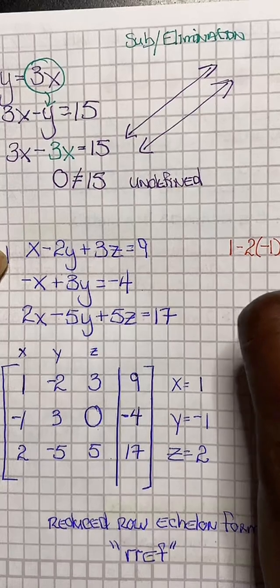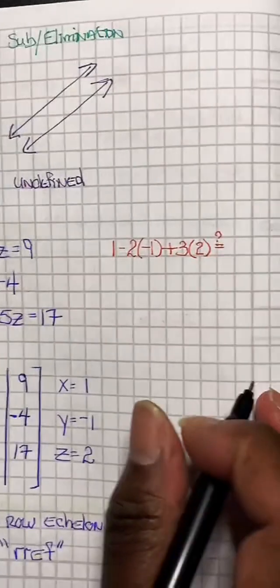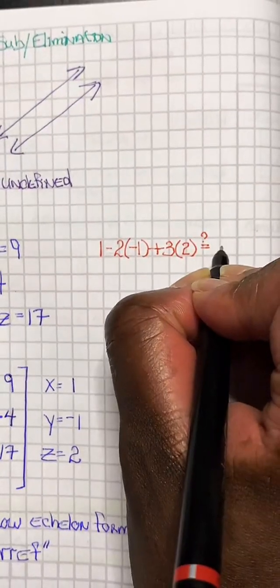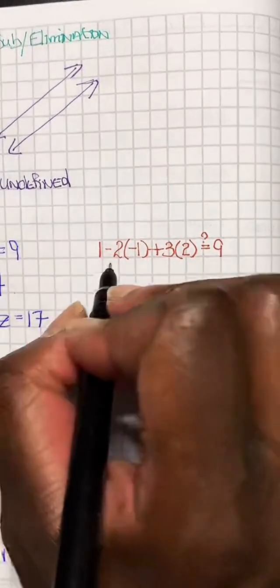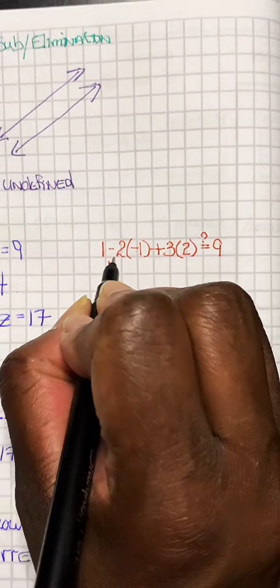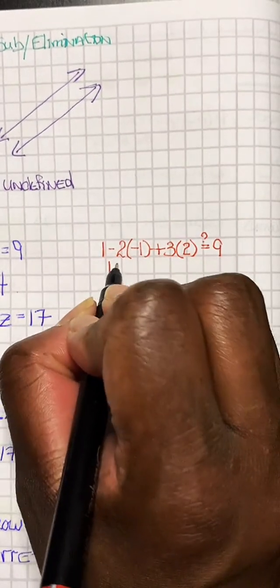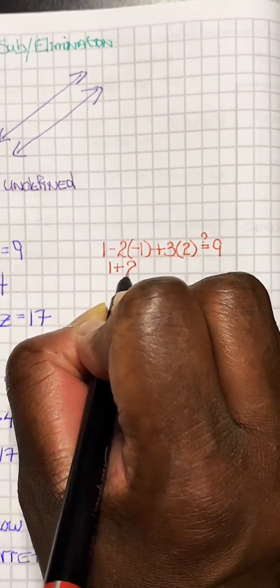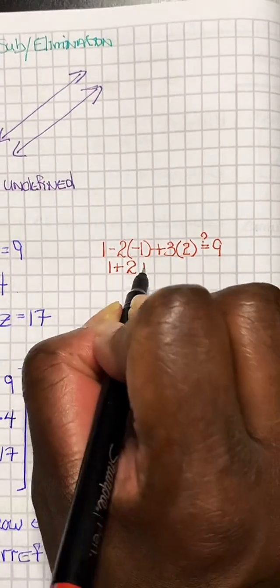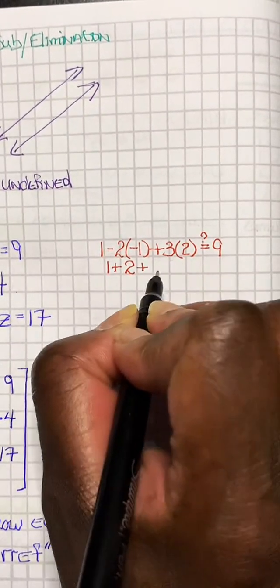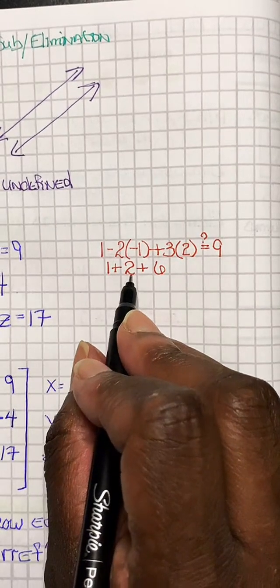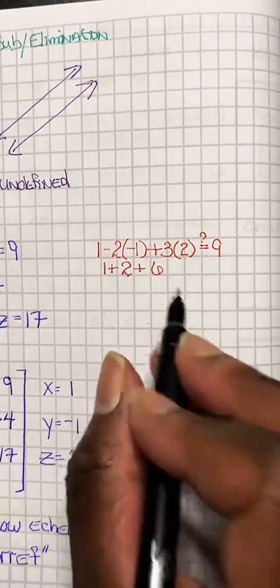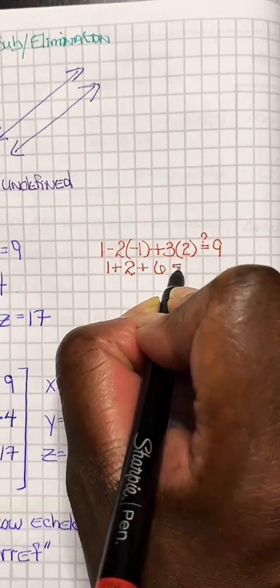And we want to know, will it equal 9? Well, let's see. -2 times -1 gives me a +2. Plus 3 times 2 gives me 6. 2 plus 1, that's 3. 3 plus 6, that does give me a 9.